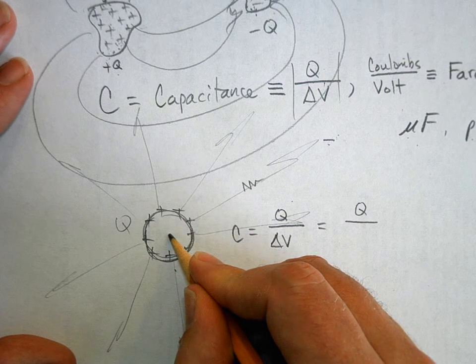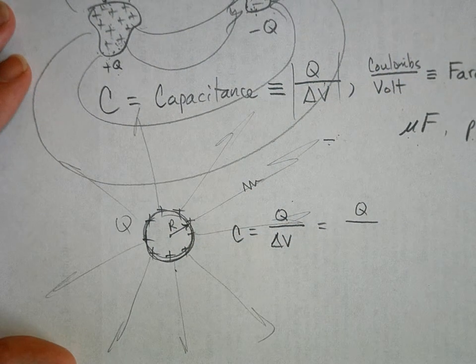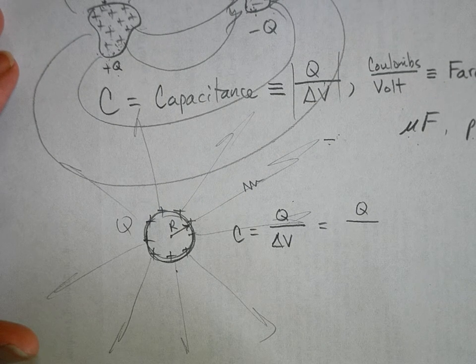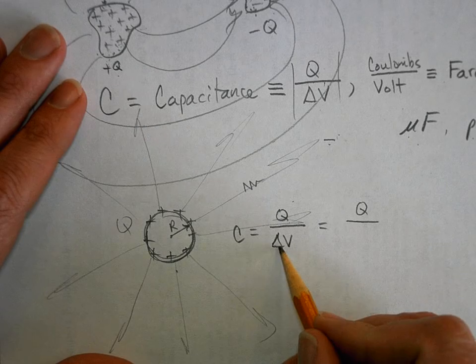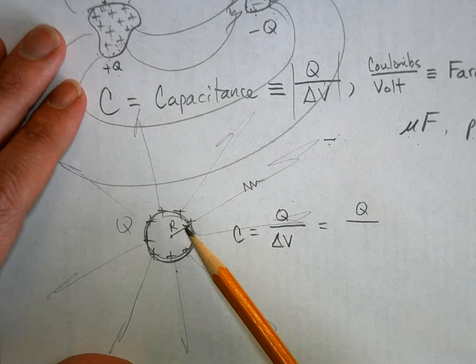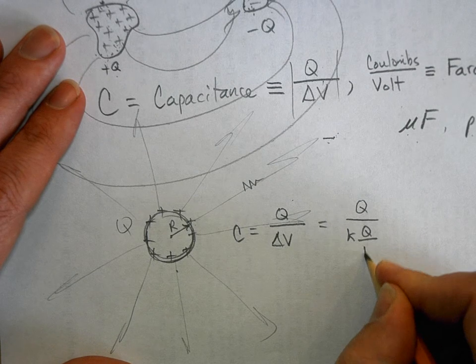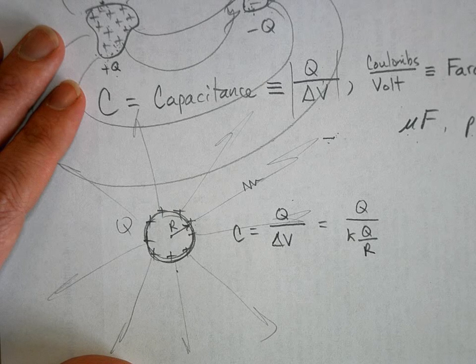Well, this is a sphere and it has a certain radius r, doesn't it? And we know what the voltage is at the surface of a charged sphere, measured from infinity to the surface. It's kq over r, right? So the voltage difference from the negative to positive charge is just kq over r, which is very nice.